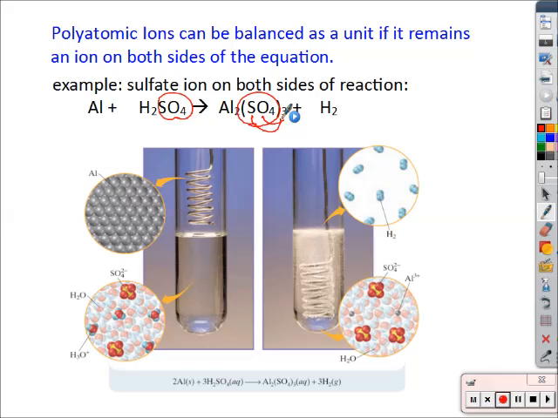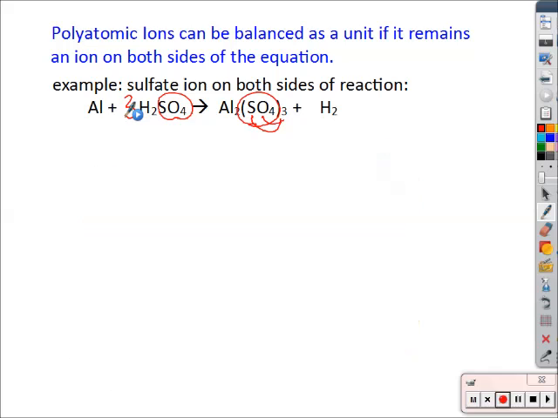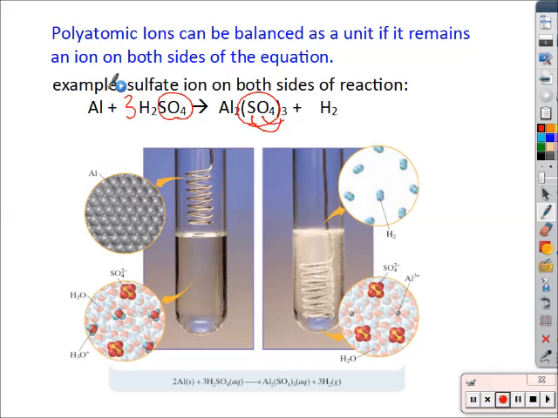There's 3 of them on this side. I need 3 here. I can also look then, aluminum, I have 2 on this side. I need 2 over here. So I can look at balancing that sulfate ion just as one thing. Consider it to be one thing.